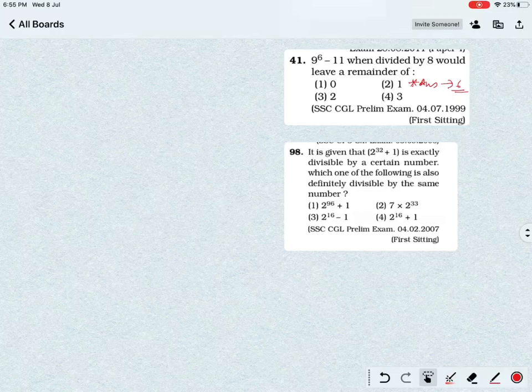First of all, if we look at the first option, it is 2 to the power 96 plus 1. 2 to the power 96 can be converted from 2 to the power 32, whole cube, plus 1 cube. This is 2 to the power 96 plus 1.